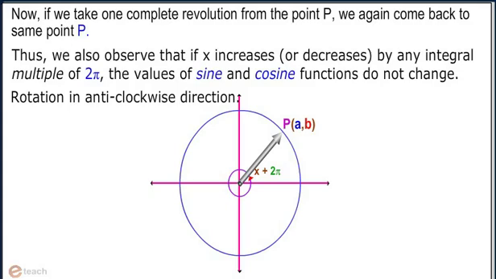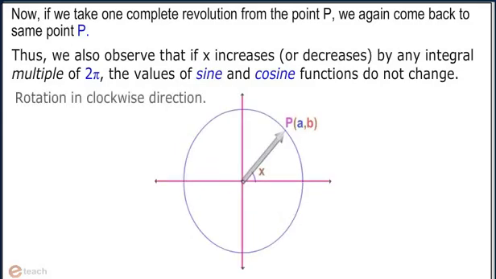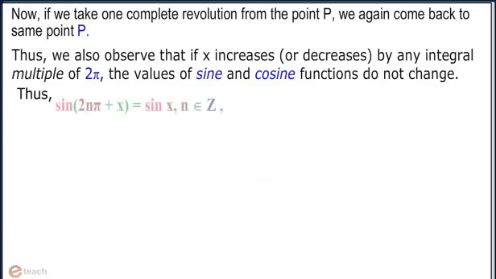Rotation in anti-clockwise direction. Rotation in clockwise direction. Thus, sin (2n pi plus x) equals sin x, where n is an integer. Cos (2n pi plus x) equals cos x, where n is an integer.